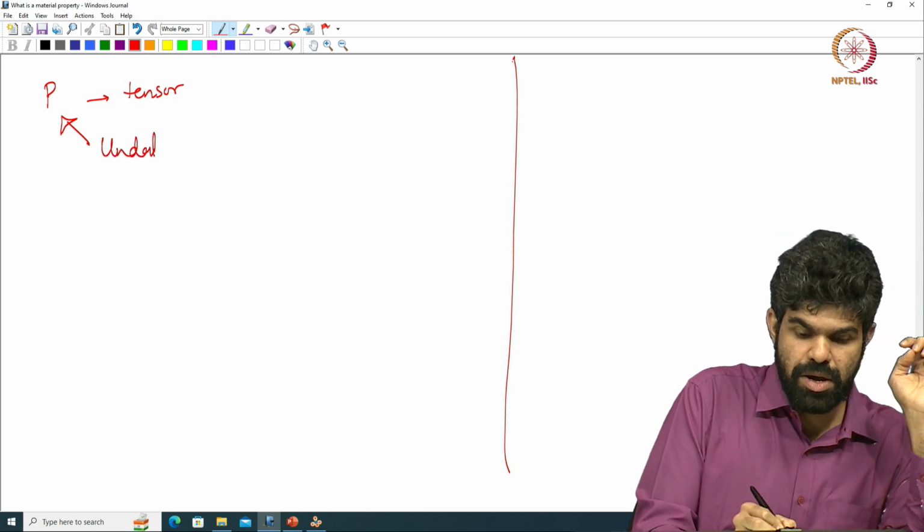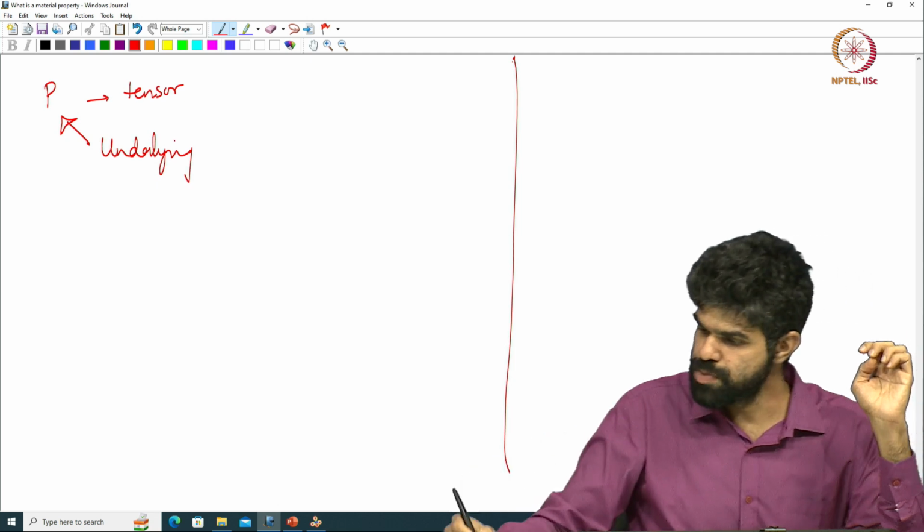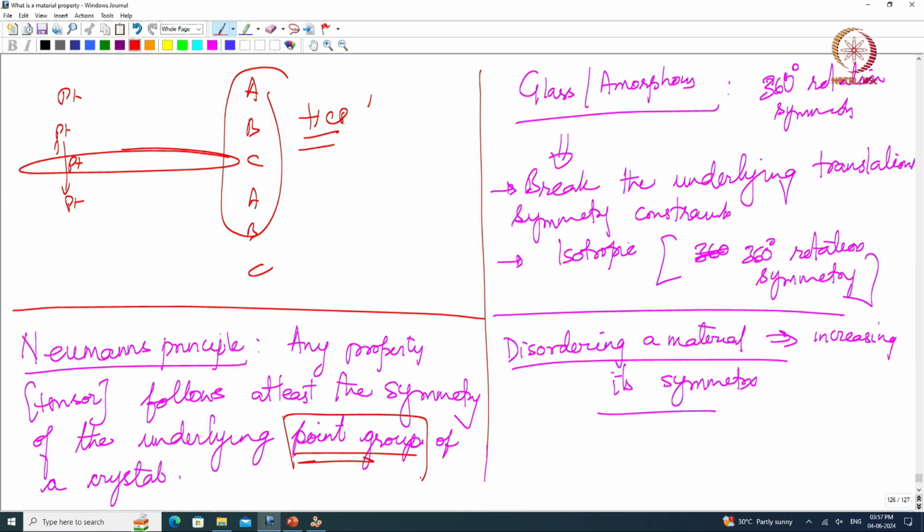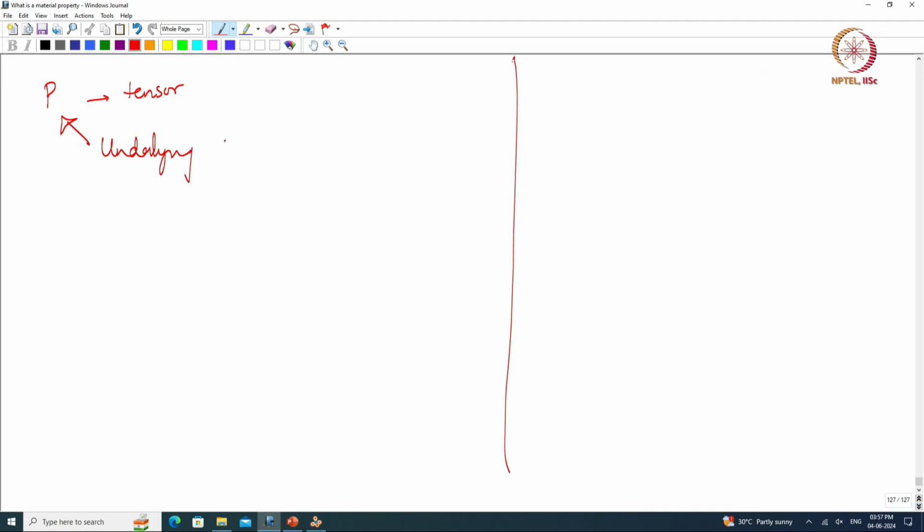Underlying point group symmetry, that is the most important thing. So, underlying point group symmetry dictates what my property should be.